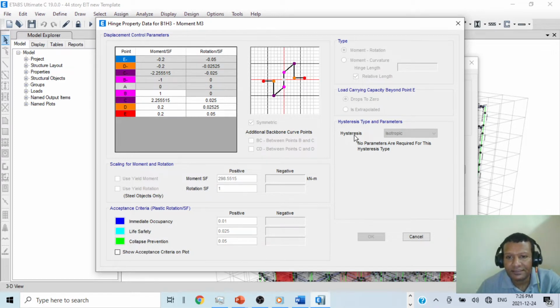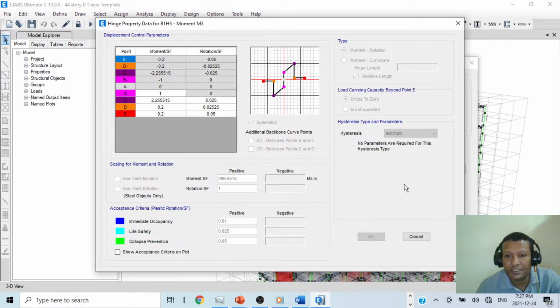This is the hysteresis curve for this force deformation curve, the rule for how it will degrade. So all important levels, immediate occupancy, life safety, collapse prevention, everything is assigned. How we assign it, I will show you in a moment again.